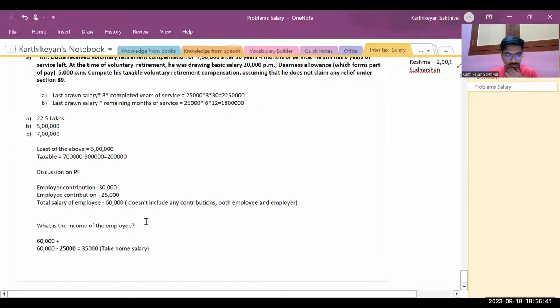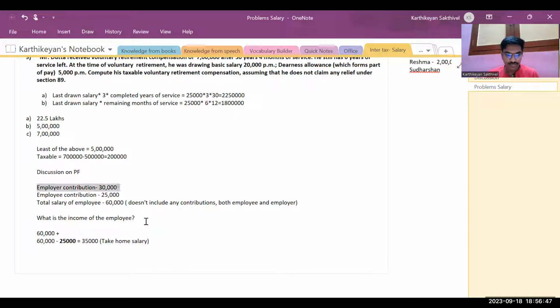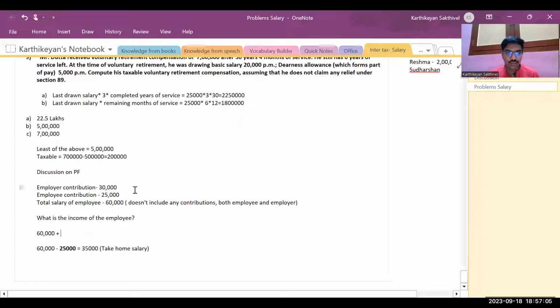Now the employee's income, one answer is 60 plus 25 plus 30, which was given by Sudarshan. Are there some other answers? My question is, what should you do with this employer contribution?